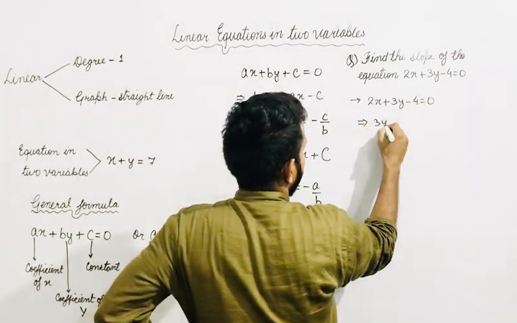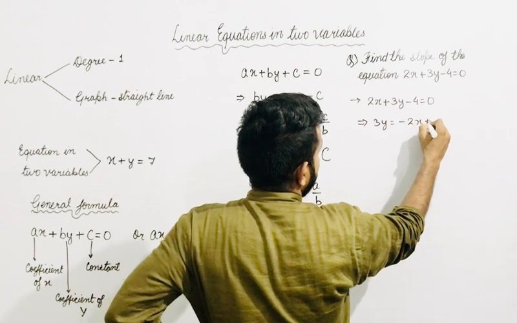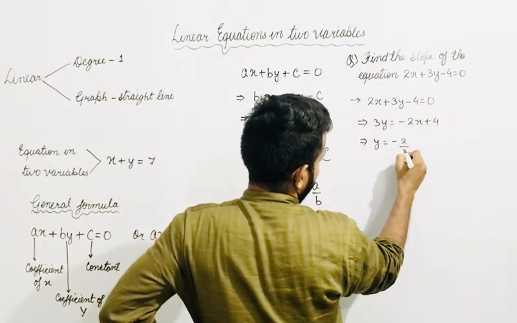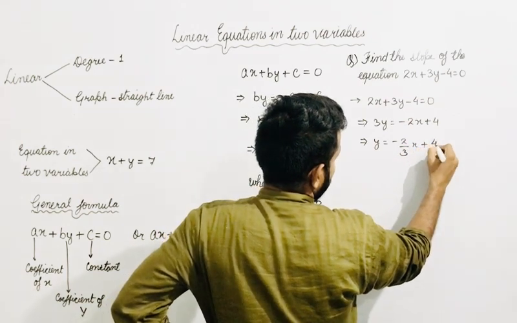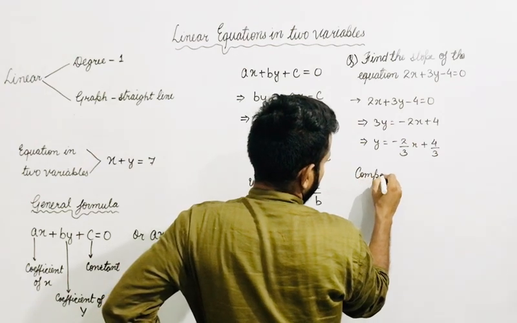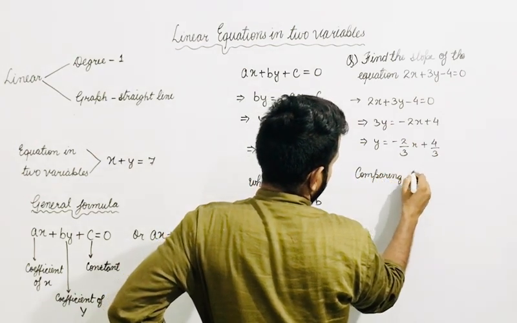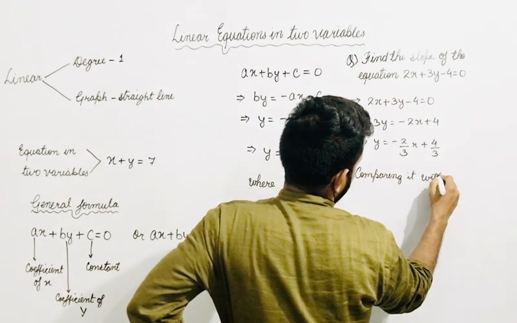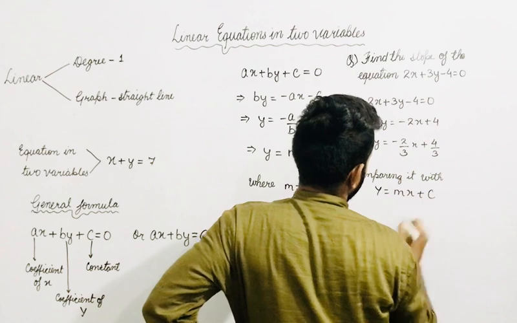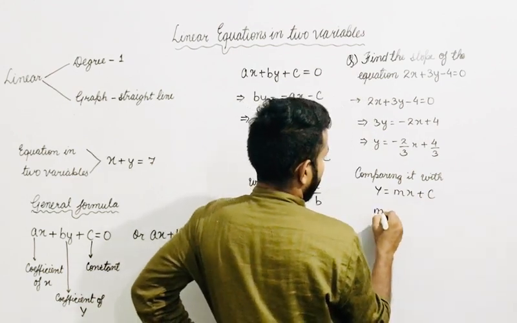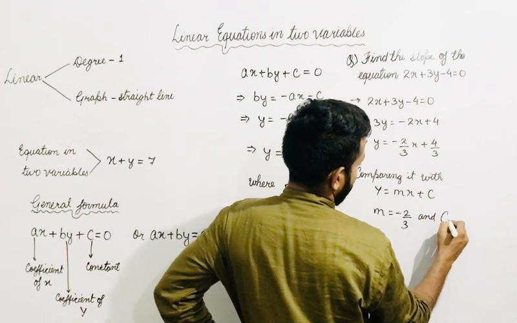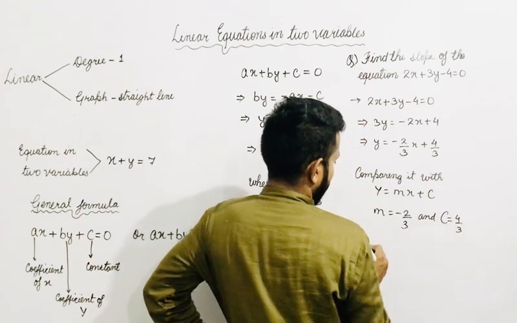Arrange it. 3y equals to minus 2x plus 4. y equals to minus 2 by 3 x plus 4 by 3. Comparing it with y equals to mx plus c, m equals to minus 2 by 3 and c equals to 4 by 3.